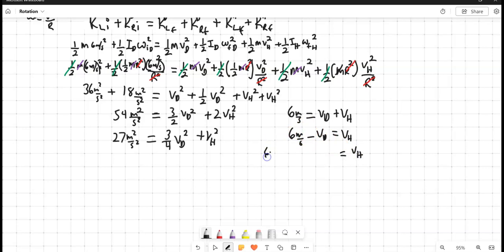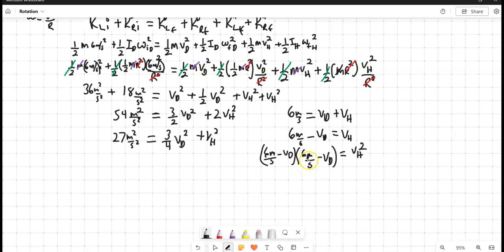That means we're going to have 6 meters per second minus VD times 6 meters per second minus VD. And this will be VH squared.